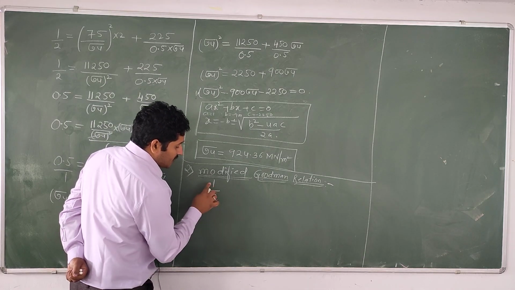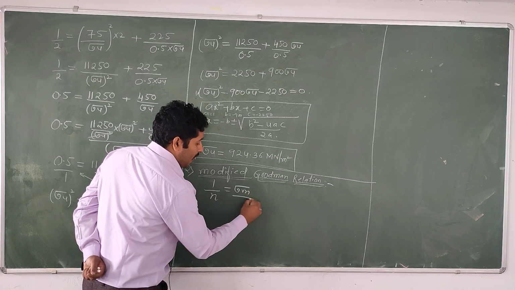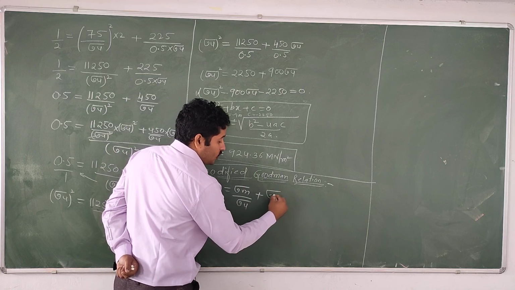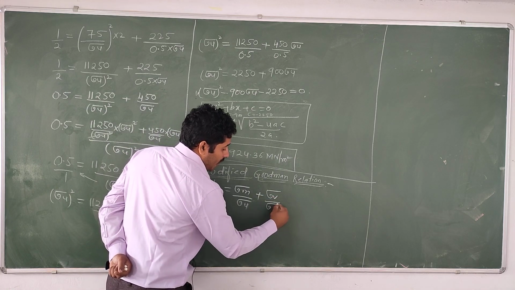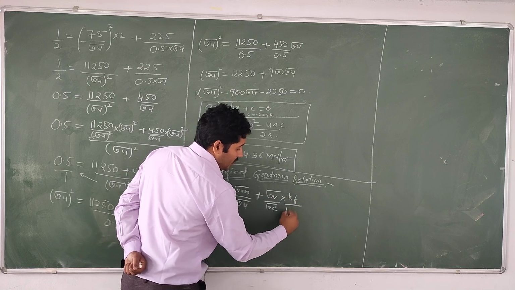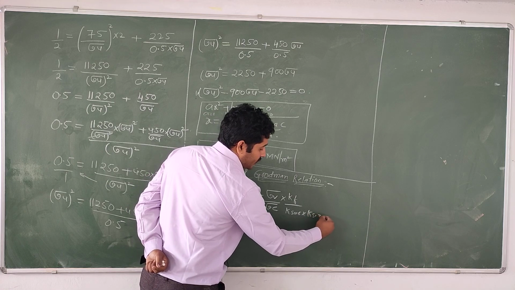The formula is 1 by n equal to the mean stress by ultimate stress plus variable stress by endurance stress into Kf by K surface finishing factor into K size factor.